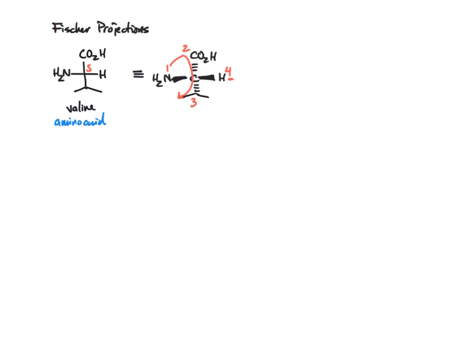So with any Fischer projection you get like that, you can put the wedges on the side and the dashes on the top, and that's how they turn out? The Fischer projection, what's confusing, at this intersection, the horizontal has to be drawn with wedges. The vertical has to be drawn with these dashes.